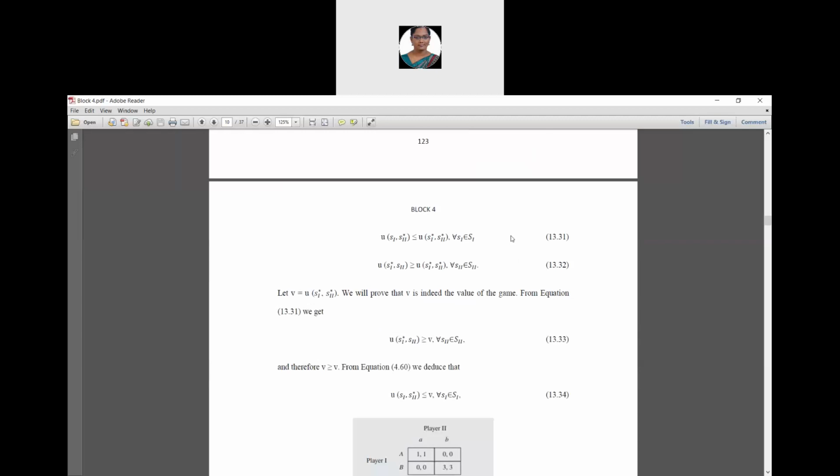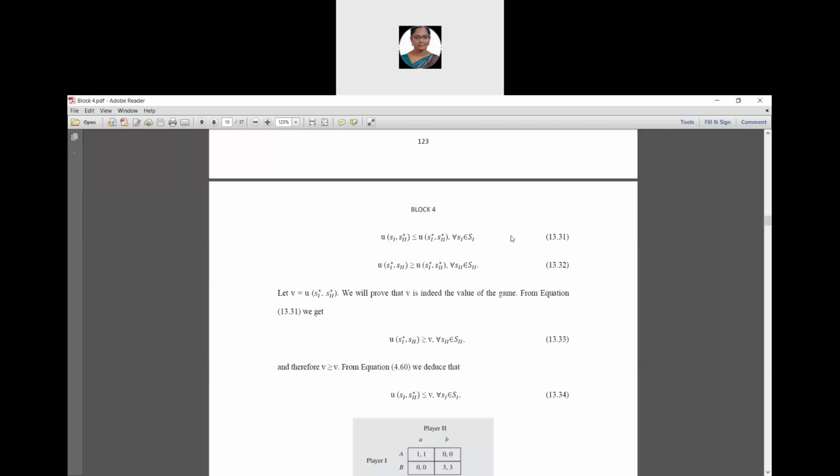Let it be equation number 13.31, and U of S1 star comma S2 is greater than or equal to U of S1 star comma S2 star for all S2 belongs to S2. Let it be equation number 13.32.